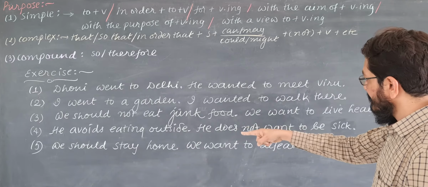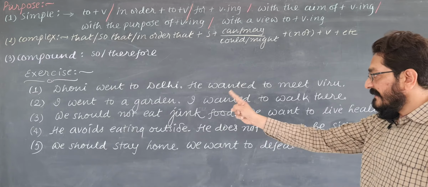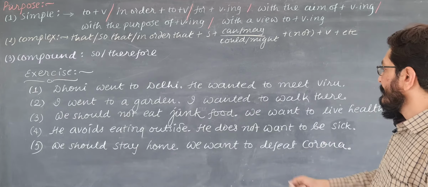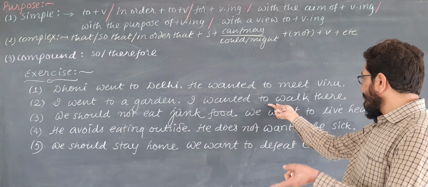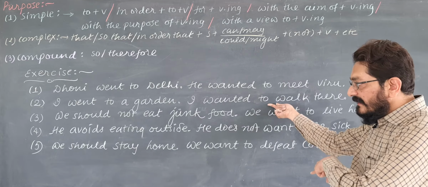With a view to walking there. Complex: I went to a garden so that I could walk there. Compound: I wanted to walk in the garden, so I went there.